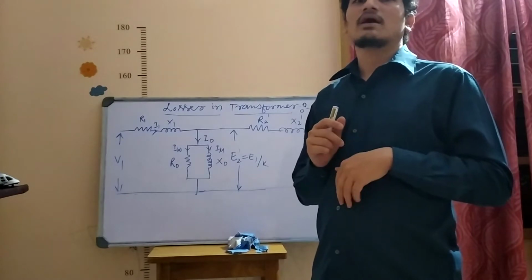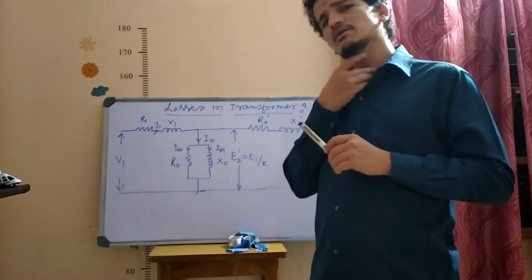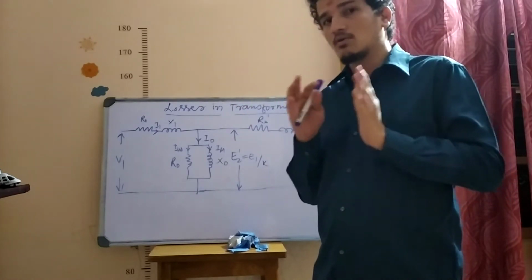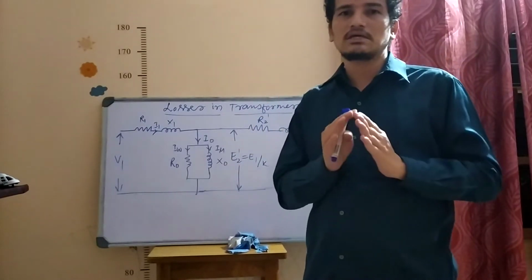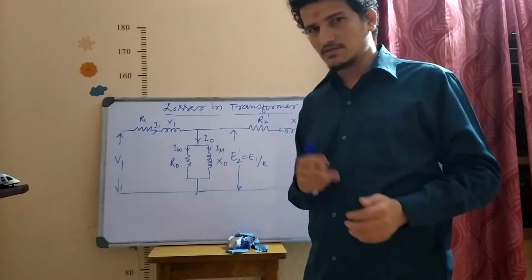That is called copper loss. The total copper loss is the summation of the copper loss taking place in the primary circuit plus the copper loss taking place in the secondary circuit.